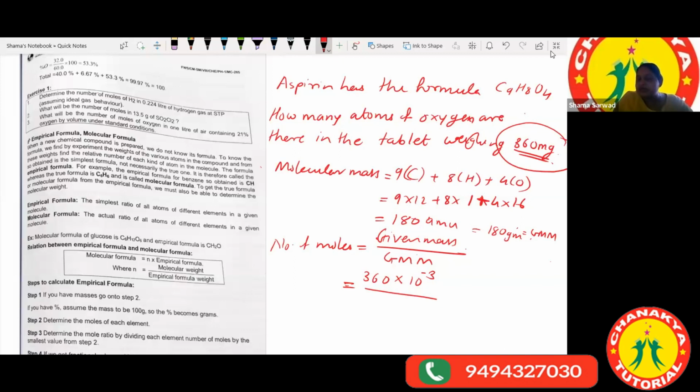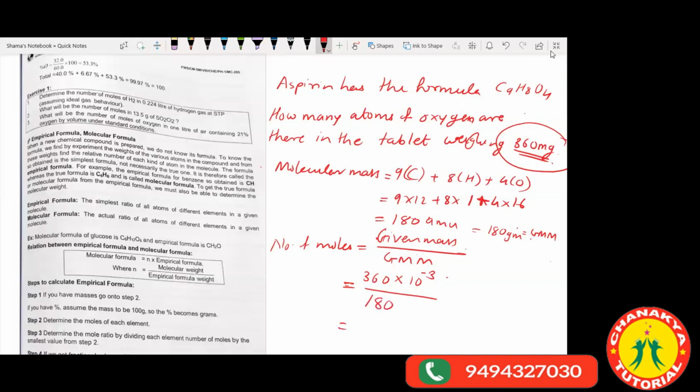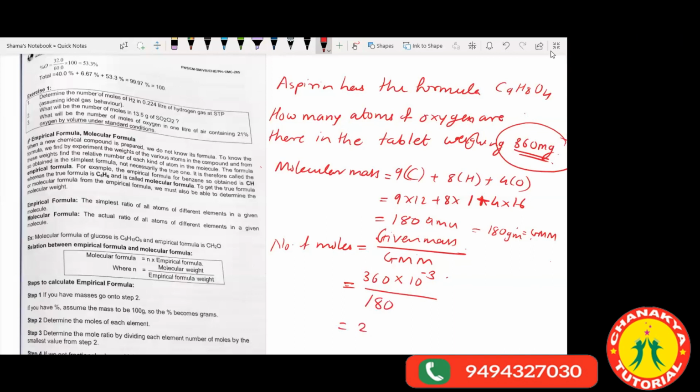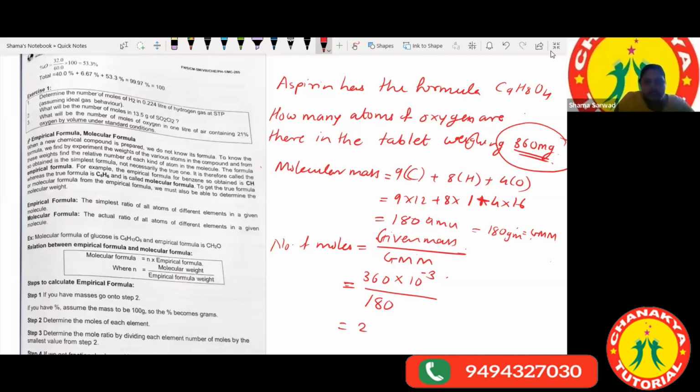That time we need to multiply by 10 raised to minus 3. And now your molar mass is nothing but 180. So the number of moles will be equal to how much now? 2 into 10 raised to minus 3. Correct. Okay, fine. So you get this.